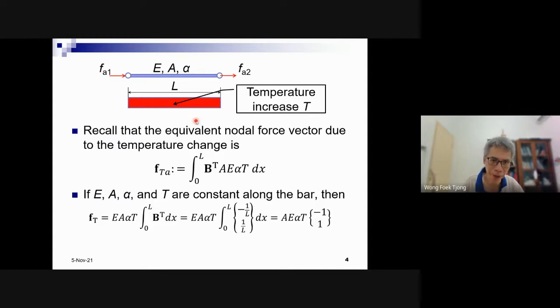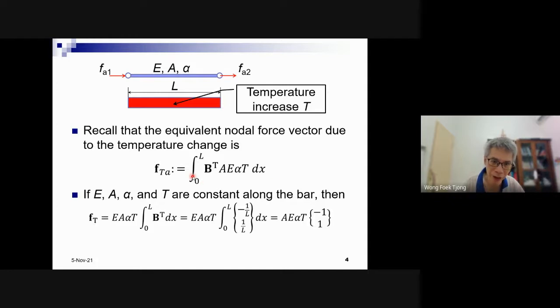Change means it can be increasing or decreasing from the initial, unstressed condition. We know from the lecture of last week that this is the equivalent nodal force due to the temperature change, given by this formula.